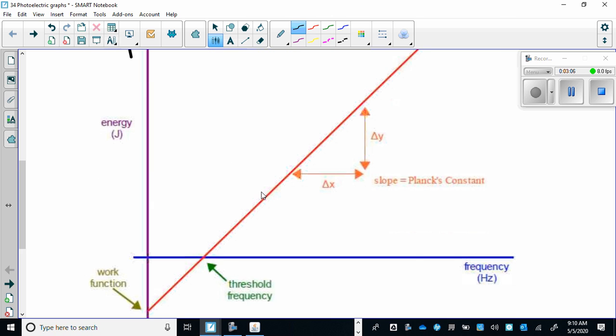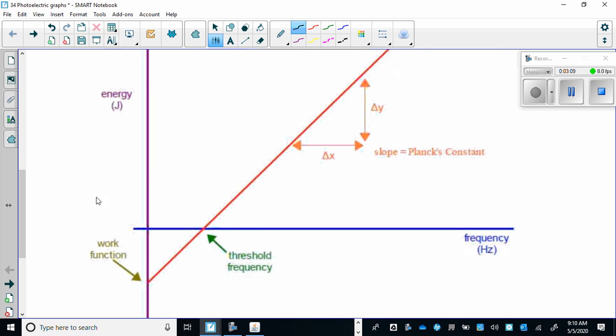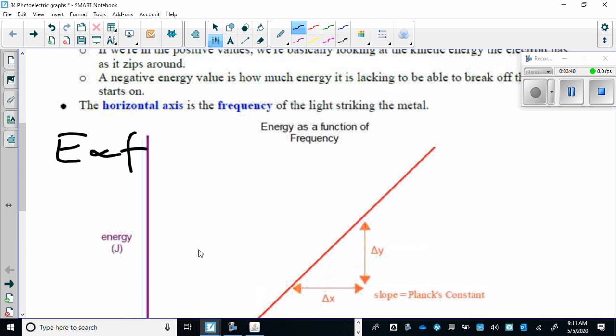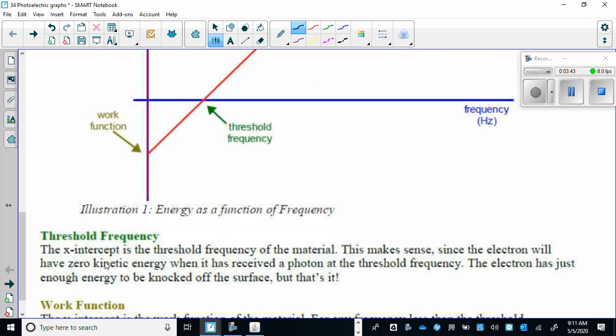The graph looks like this, however, and an E-f graph, the photoelectric effect, will always have an x-intercept, and that x-intercept represents the threshold frequency. So again, that's the lowest frequency that will get electrons off the surface of the metal. And the y-intercept, since it occurs on the y-axis, and the y-axis is energy, is going to be the work function.